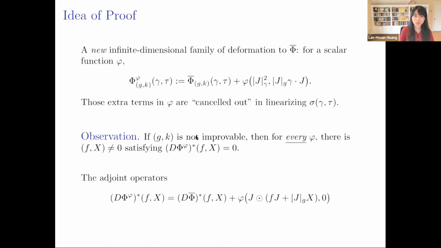So if it's non-improvable, then for any phi, there's always a non-trivial solution. So that means you can set this equal to 0. So this right-hand side will equal 0. And that tells you for this fixed operator, there's a lot of special functions f and x satisfying this equation equal to 0. And this equation is very elliptic. So we would expect that it cannot happen, right?